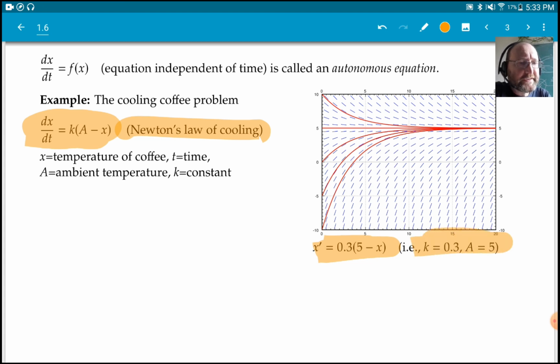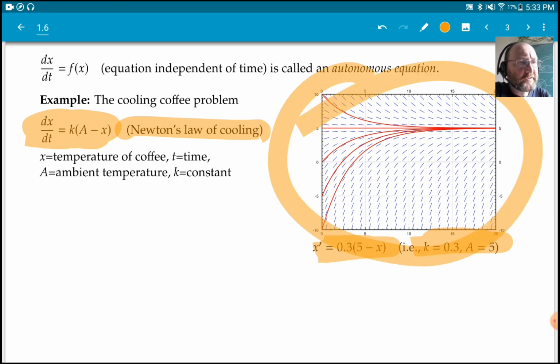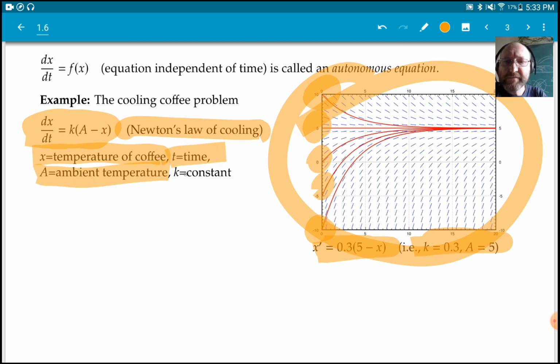In this case, k is 0.3 and a is 5, and we've drawn the slope field and a few solutions for a few initial conditions over here. Here x was the temperature of the coffee, t is time, a is the ambient temperature, and k is constant.